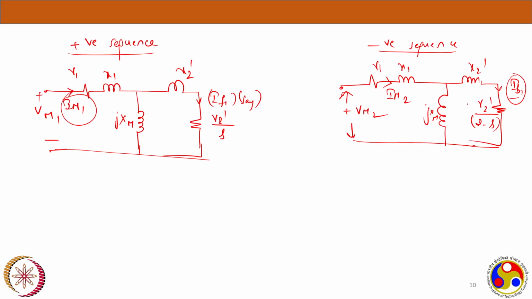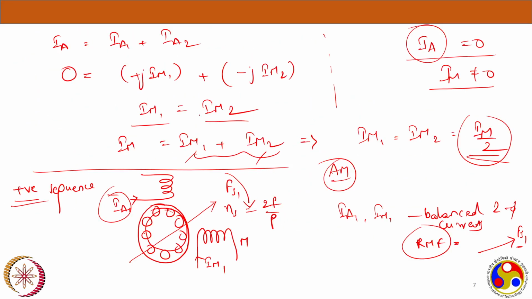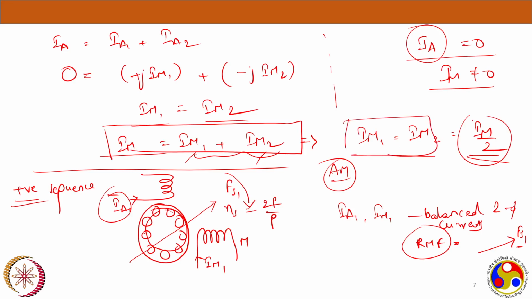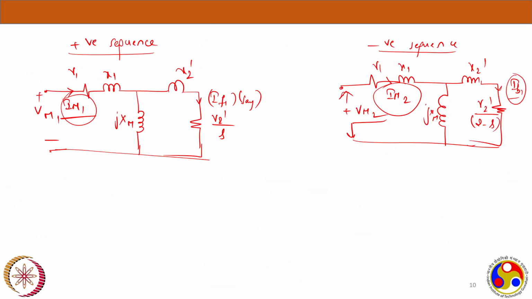Now the current through the supply: VM1 is making current IM1 flow, VM2 is making current IM2 flow. But as we have seen in the previous discussion, IM is equal to IM1 plus IM2, and the magnitudes of IM1 and IM2 are equal, each being IM by 2.